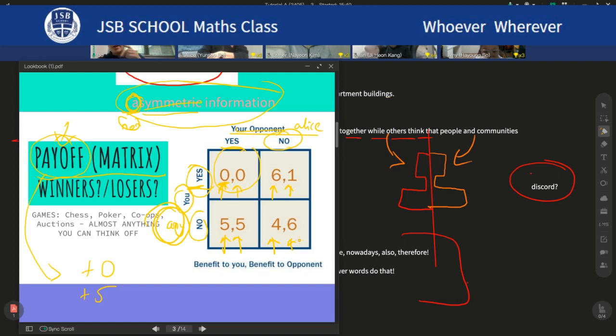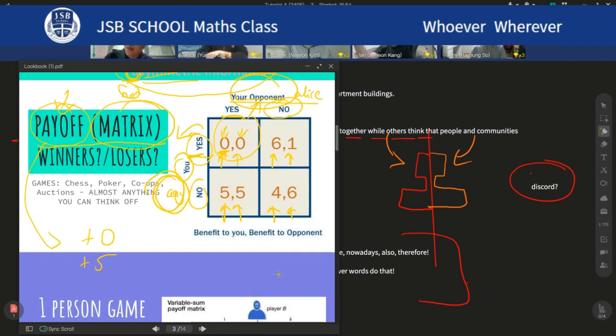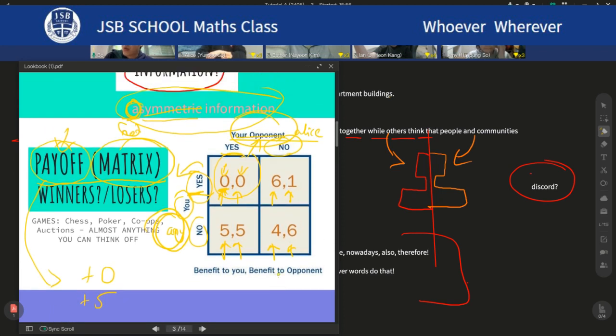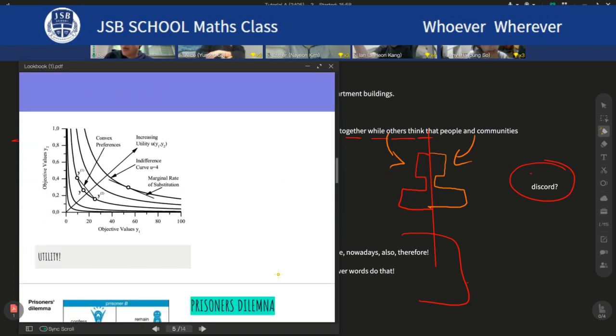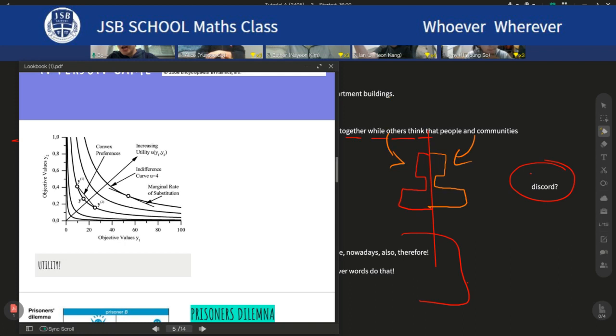Okay? So that's how you read it. This first one is for this player, and this second one is for the top player. Okay, left to right. This is a matrix. Later on, we will learn matrices in a bit more detail.